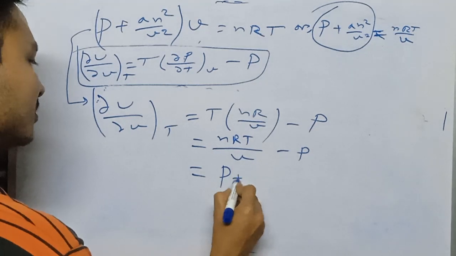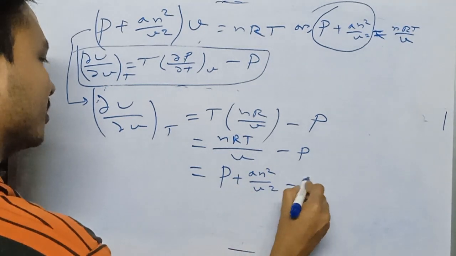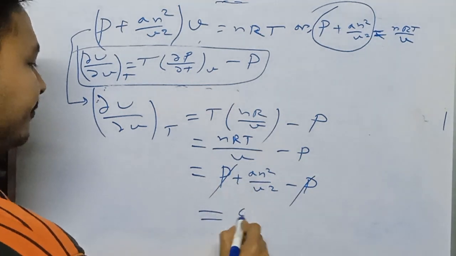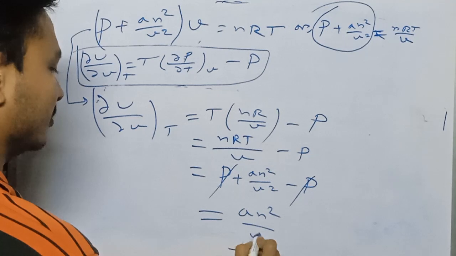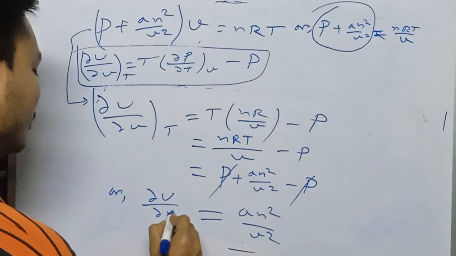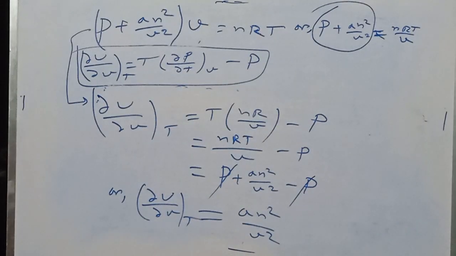That is P plus a n square by V square minus P. Now cancel out P, then a n square by V square. So this is the value of del u del Vt for this gas equation. So the gas equation may be anything, but the process is the same in each case.